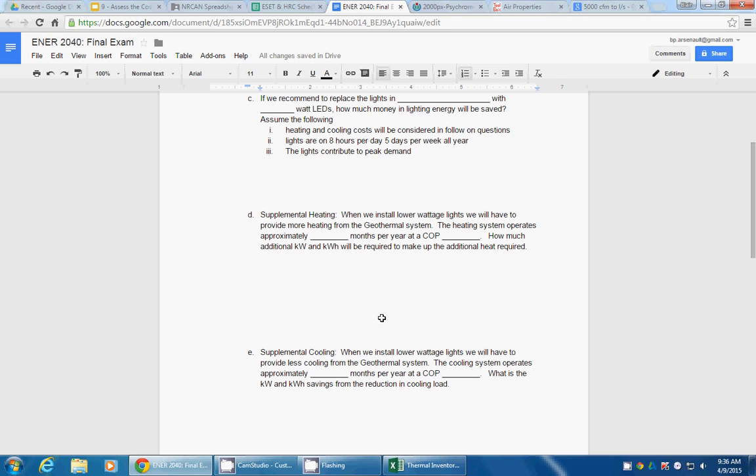Question D. Supplemental heating. When we install lower wattage lights, we will have to provide more heating from the geothermal system. The heating system operates approximately blank months per year at a COP of blank. So again, you'll get different values there. How much additional kilowatts and kilowatt hours will be required to make up that additional heat required?